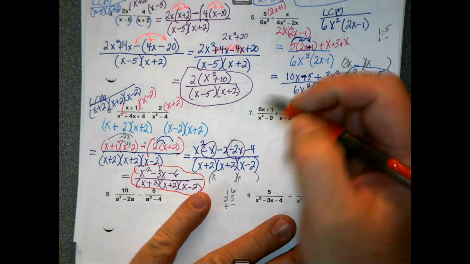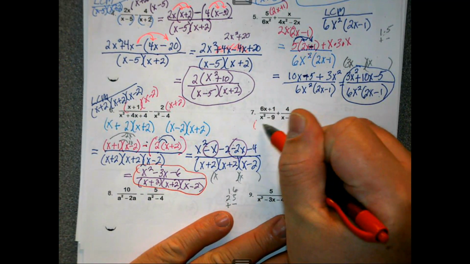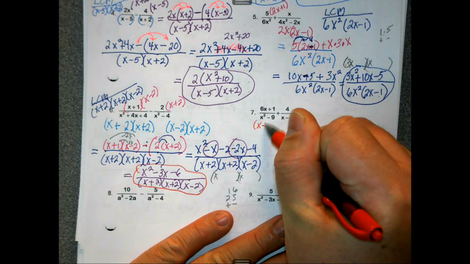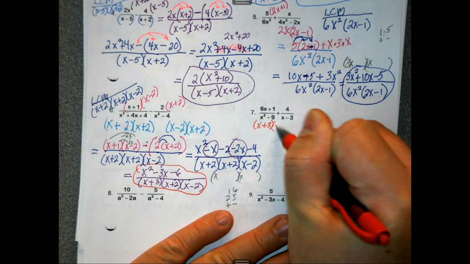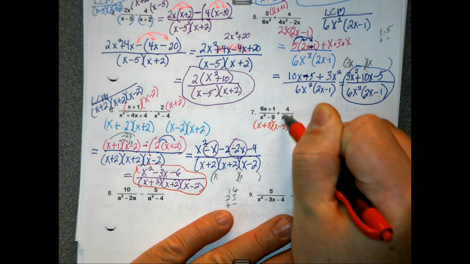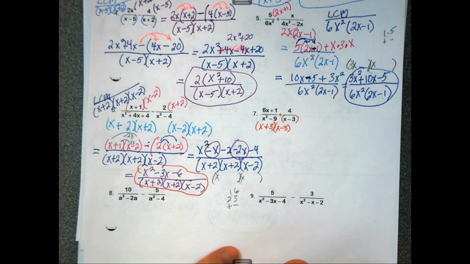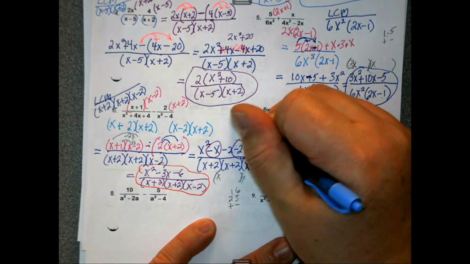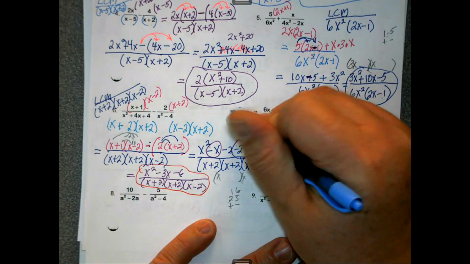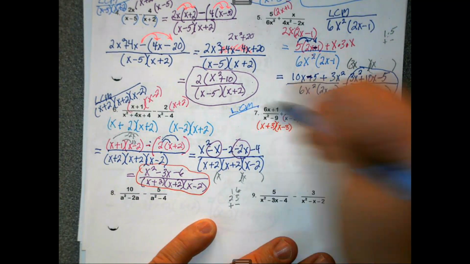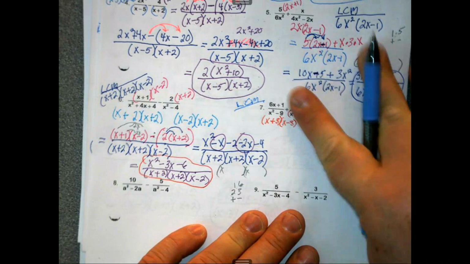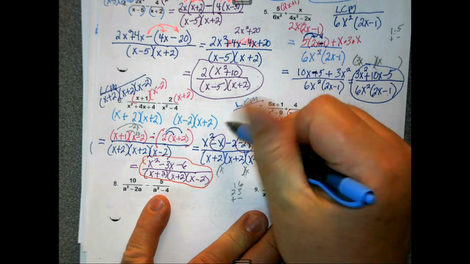Number 7. Let's see. Factor the denominator here: x plus 3, x minus 3. Here I have x minus 3. So what's my LCM? This one shouldn't be too bad, right? It's pretty short. For this one, I need an x plus 3 and an x minus 3.